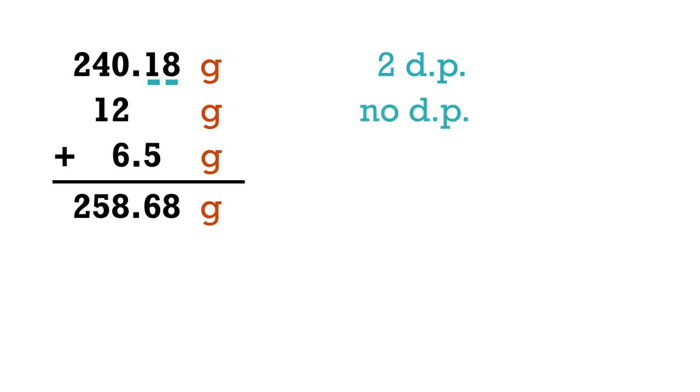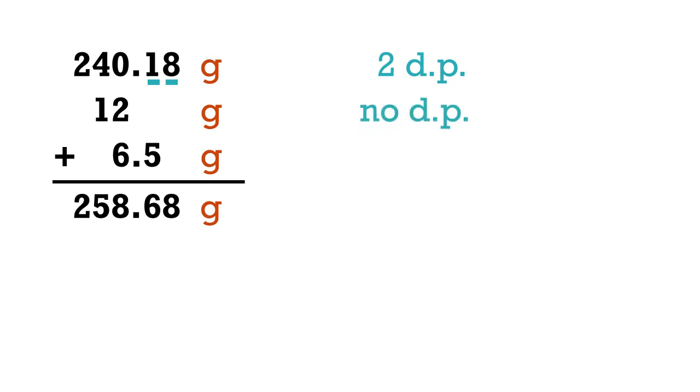Another problem, 240.18 grams plus 12 grams plus 6.5 grams. The answer here is 258.68 grams. In 240.18 grams, there are 2 decimal places. In 12 grams, there is no decimal place.